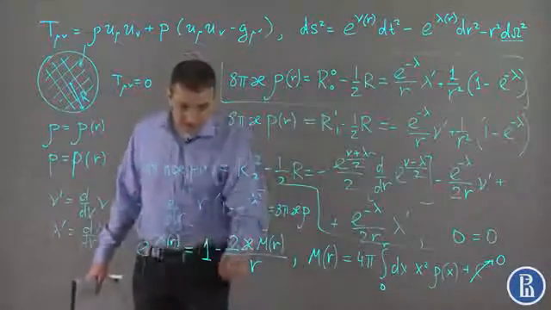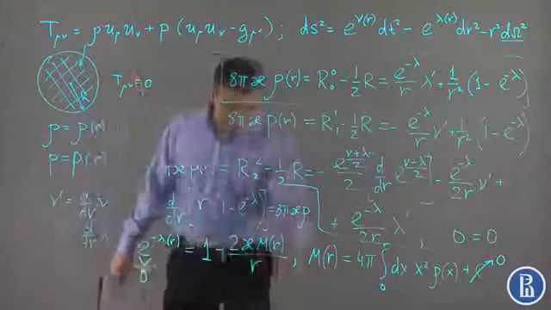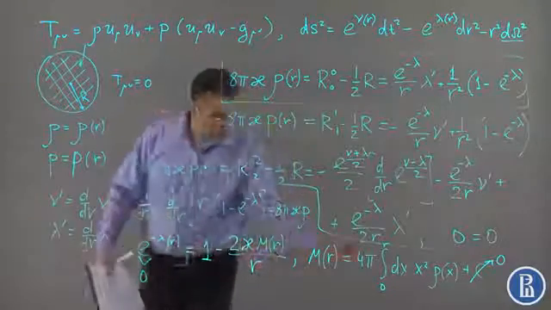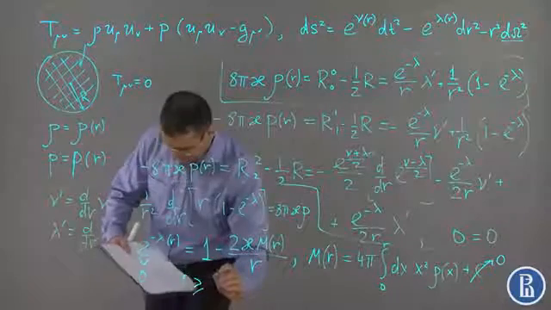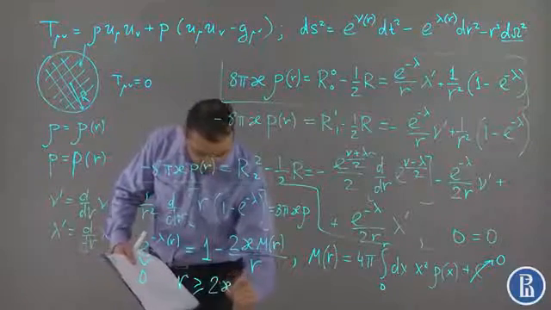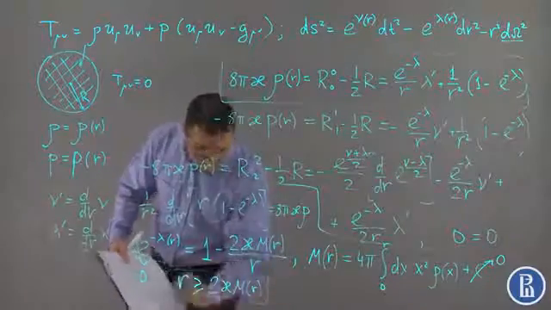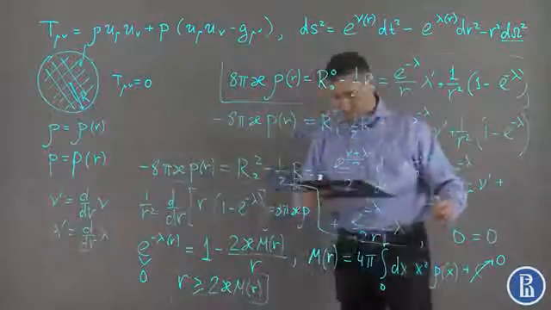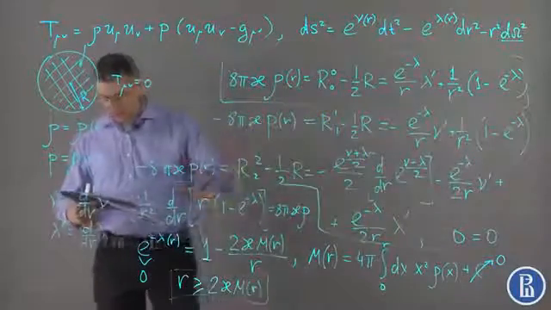So we want this to be greater than 0, which imposes a relation on ρ, because 2κ m(r) should be smaller than r. So this is a restriction on ρ, and these are the restrictions we have from regularity.